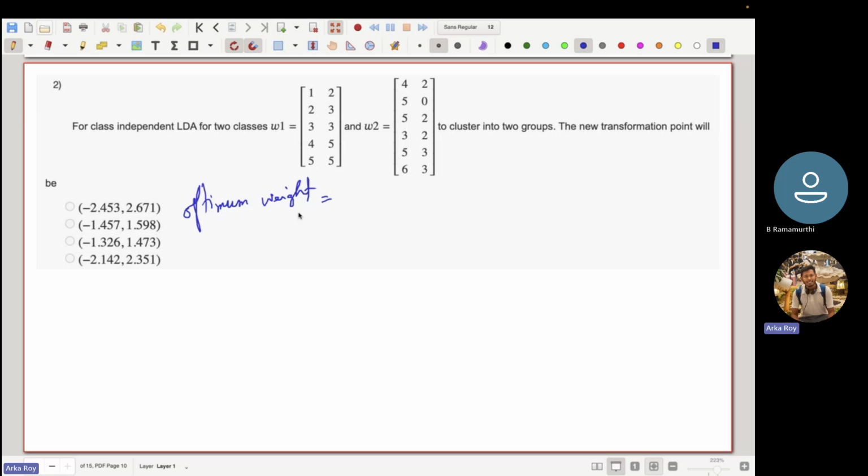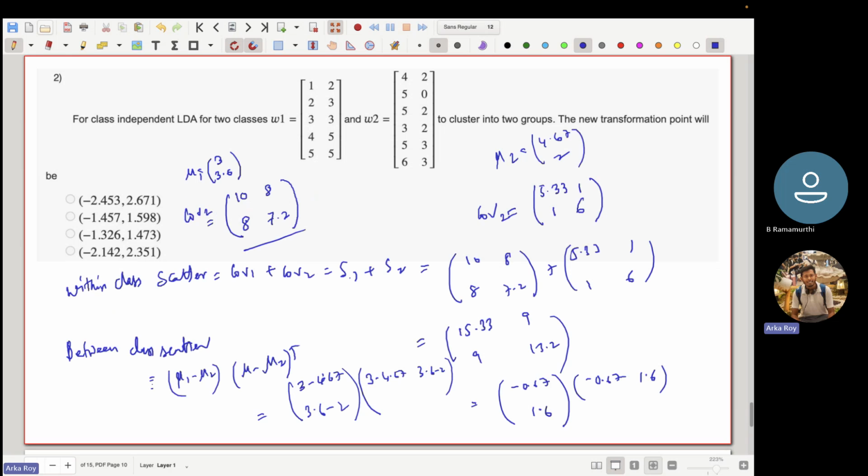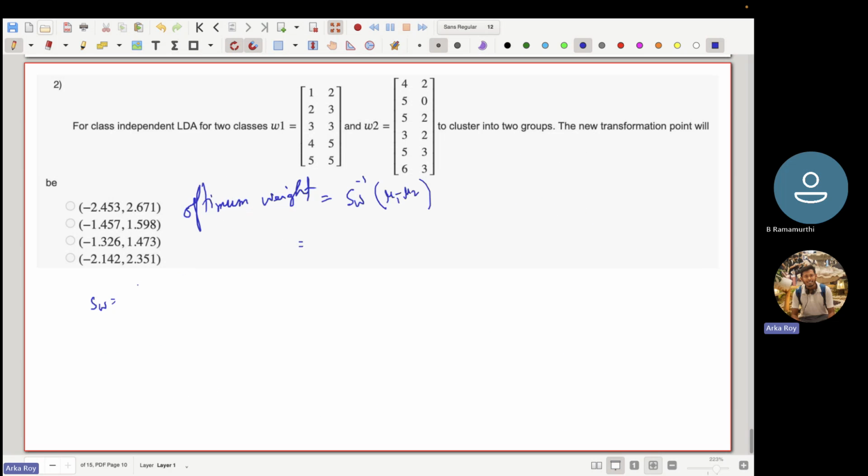So your optimal weight is SW inverse times mu1 minus mu2. So from the previous slide, what we have seen is your SW is 15.33, 9, 9, 13.2.